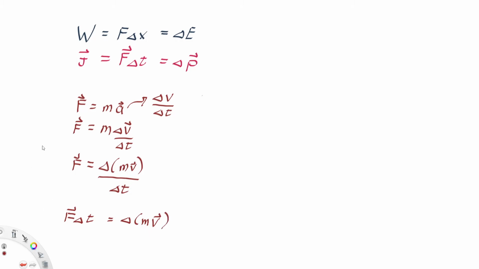Now that we're here, it's just a matter of definition. The thing on the left-hand side, we just call that impulse. And on the right-hand side, mass times velocity, we call that momentum.